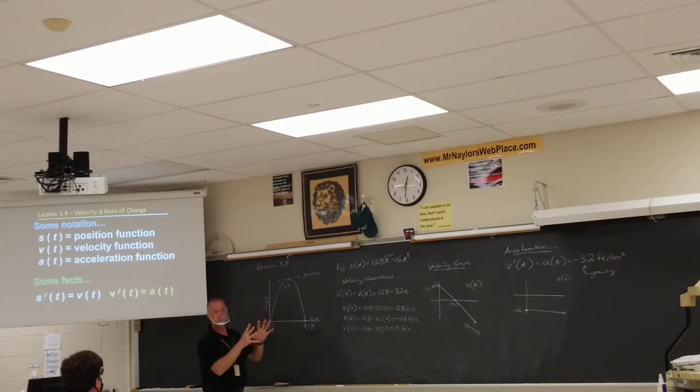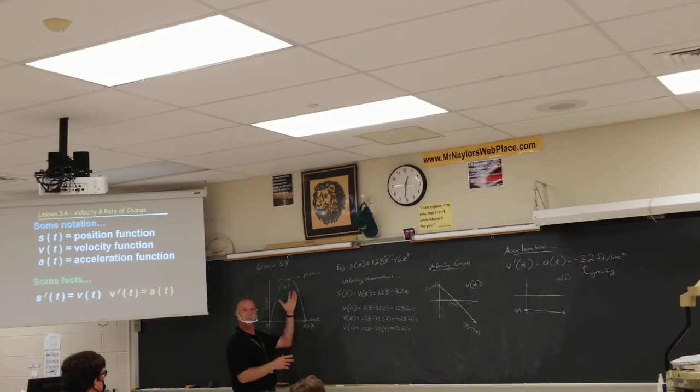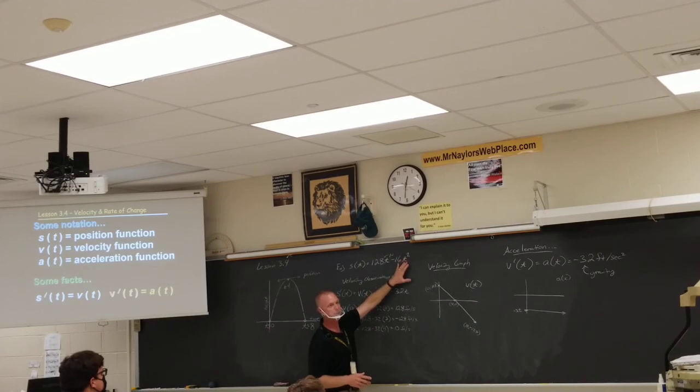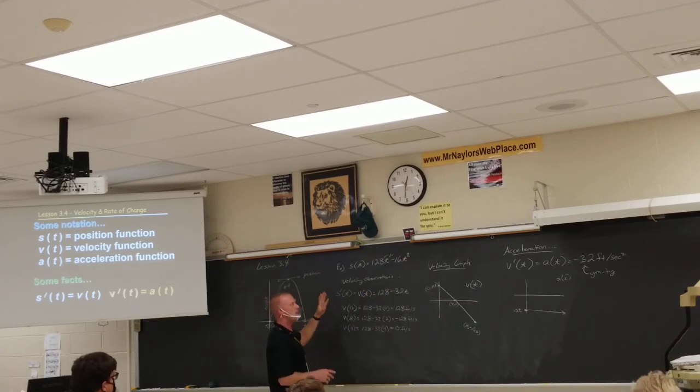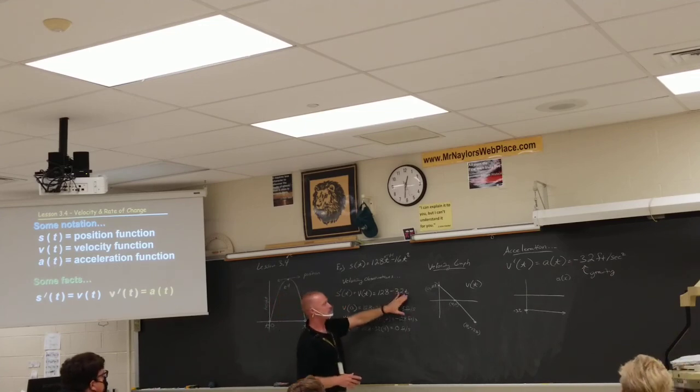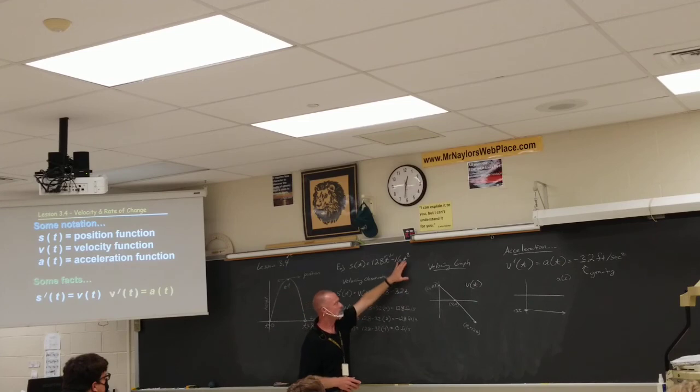But just want you to notice something, because the sooner you start to notice these things, the more you can go deeper with me. The position equation was a quadratic. It was of an x squared form. It's a curvy line. But each time you do the derivative, look what's happening to the degree of your function. Because it was a degree 2, now it's a degree 1.